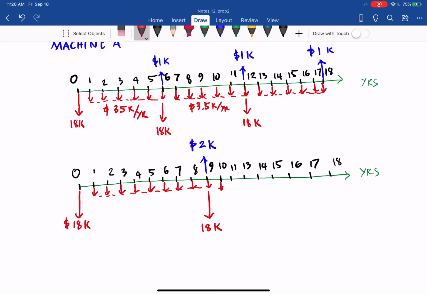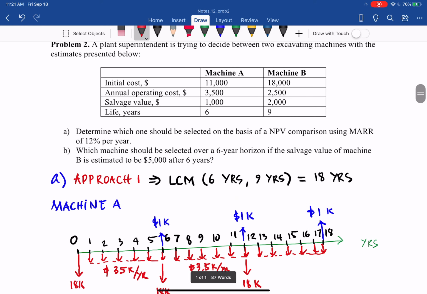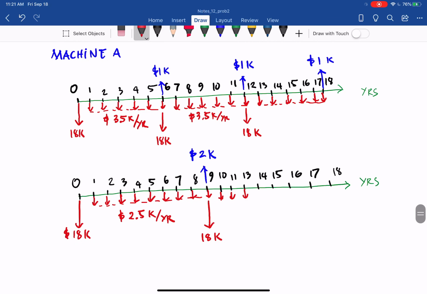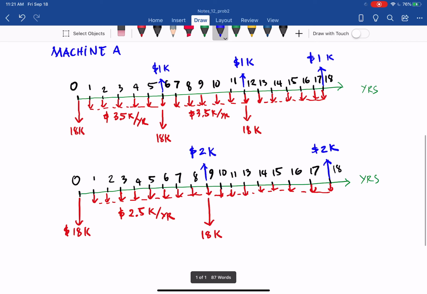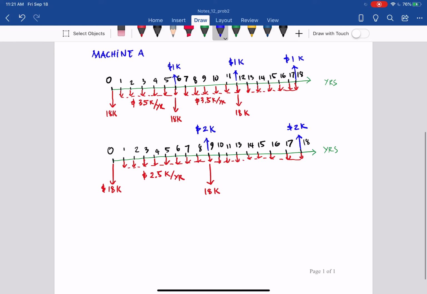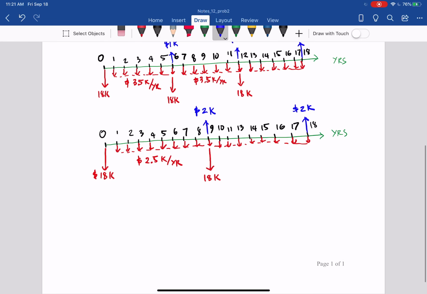I have to spend the annual cost the same amount, 2,500 per year, and then the service value 2,000 at the end of the cycle. So do the same over and over. At the end, we'll have 2,000.